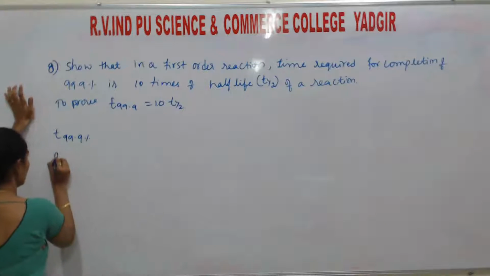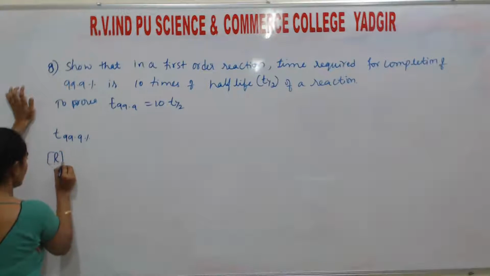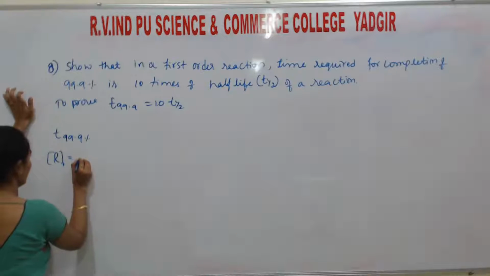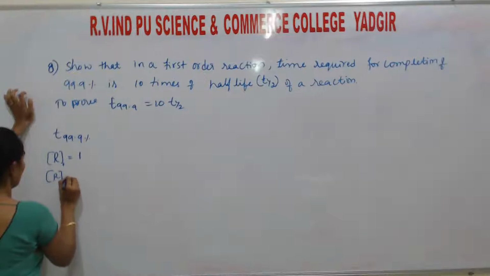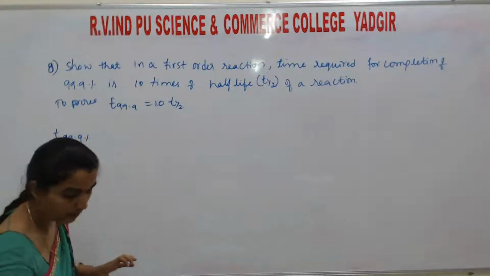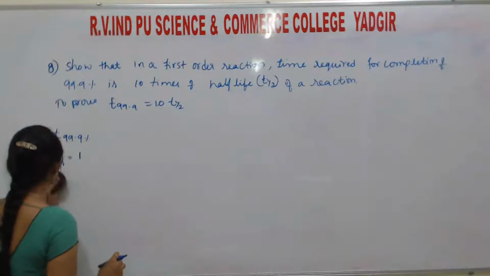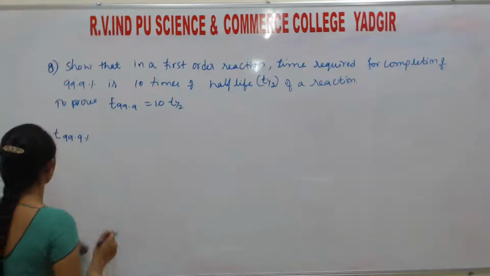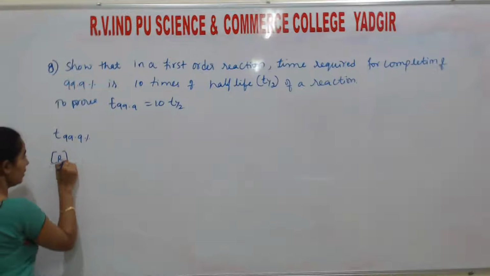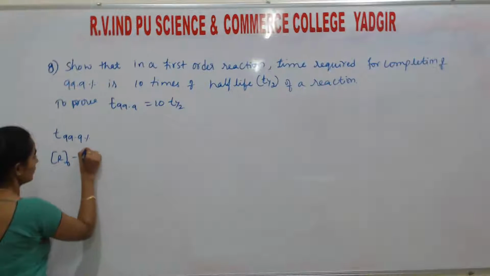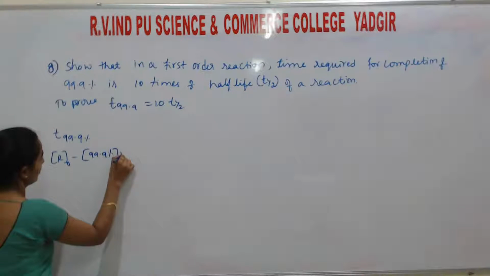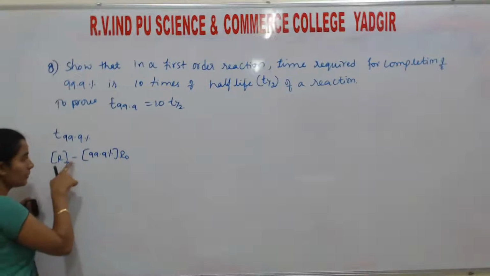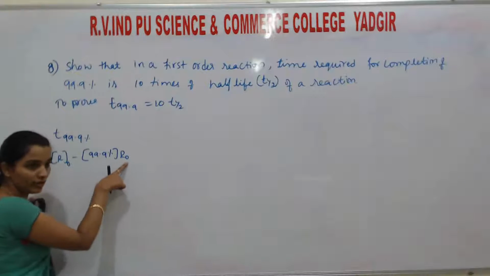So here R0 will be 1 gram, then R, after it completes: initial concentration is R0, final concentration is R0 minus 99.9% of R0.